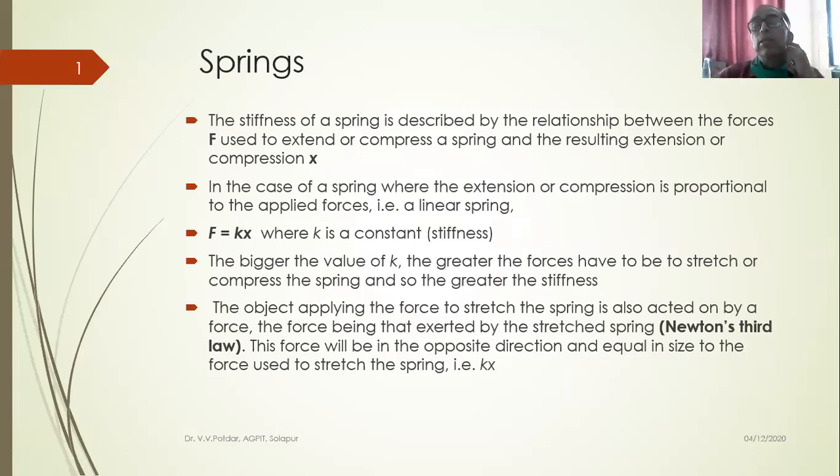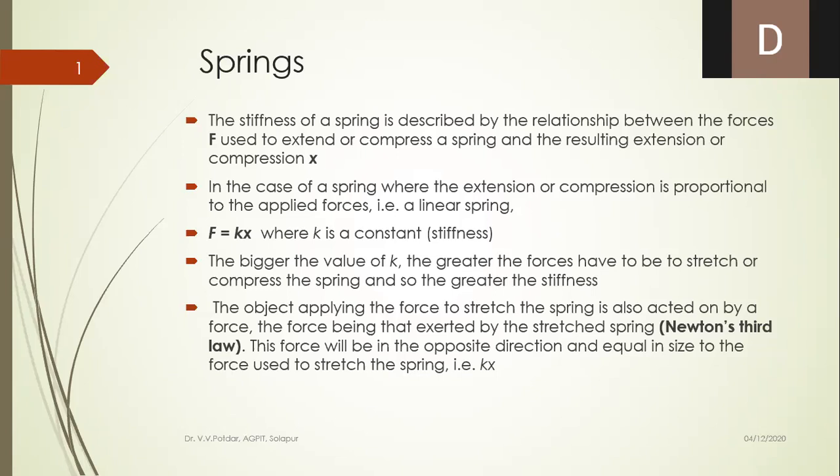So springs, when subjected to either tensile force or compressive force, will have displacement. It will be either extended or retracted. Both possibilities are there, and those are represented by X. Force is represented by F.